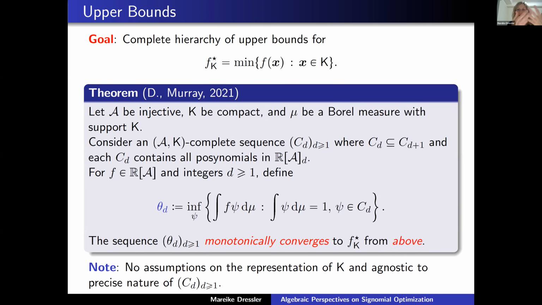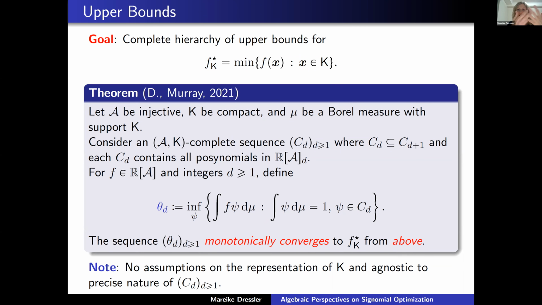So we have outer approximations of this cone of non-negative signomials, and this yields a hierarchy of upper bounds converging to the optimal value. So this also comes with a dual formulation. Yeah, and there is a small issue here which comes from the measures, but I'll spare you that.